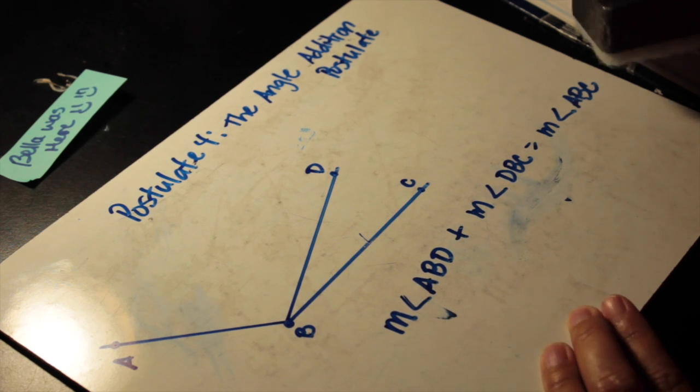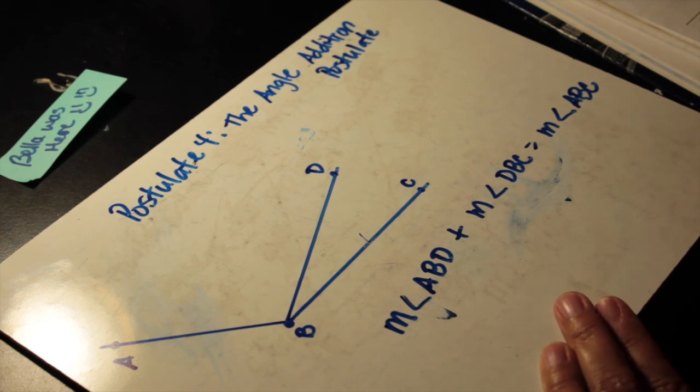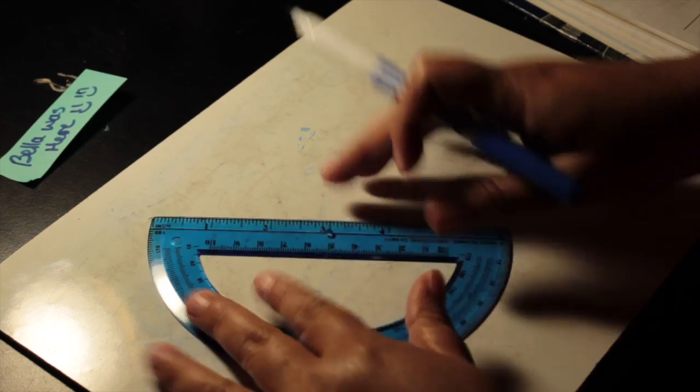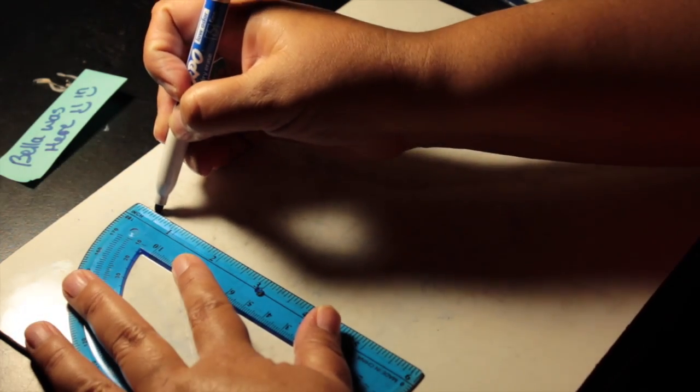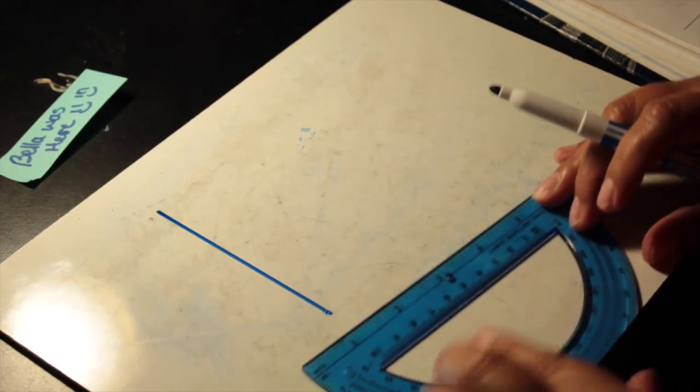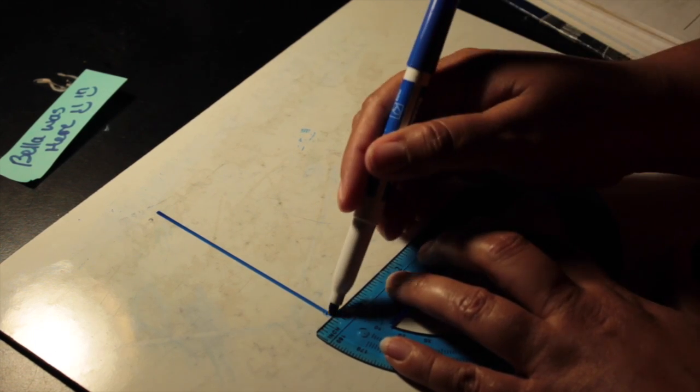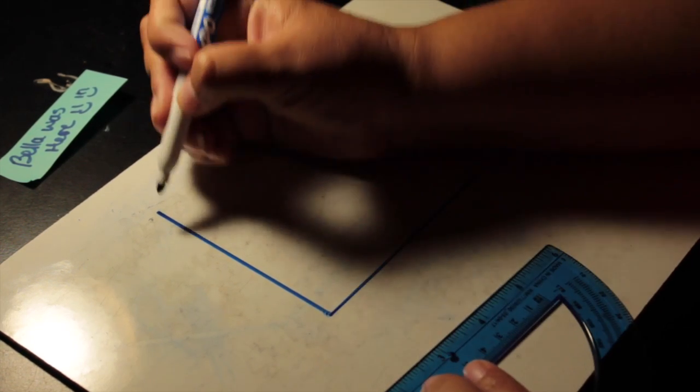So we're going to move on to example 3 using this postulate. Okay, so let's look at example 3. Where is my protractor? Here it is. Okay, here's angle RSU. So we're going to just label this.